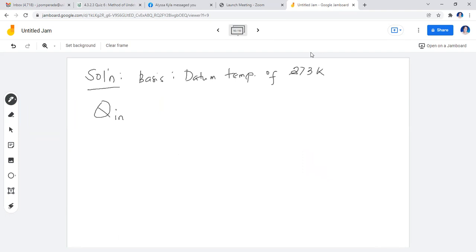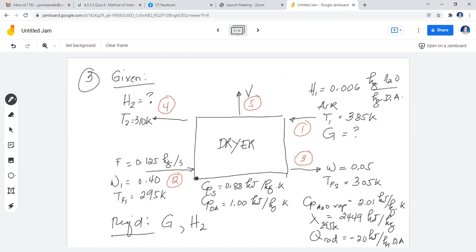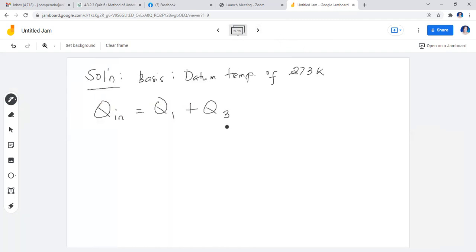So your Q in must be equal to Q1 plus Q2. This is our first equation. We need to determine what Q1 and Q2 are, and go back to it after.